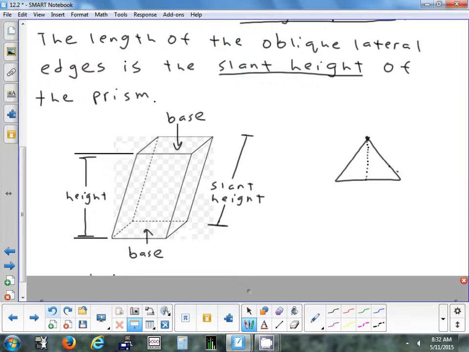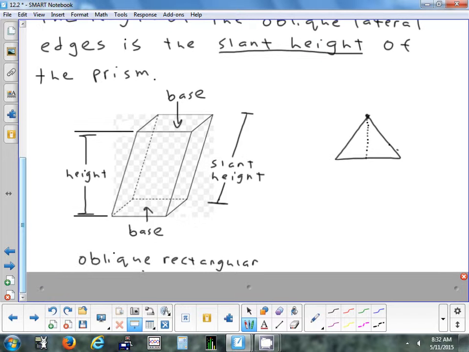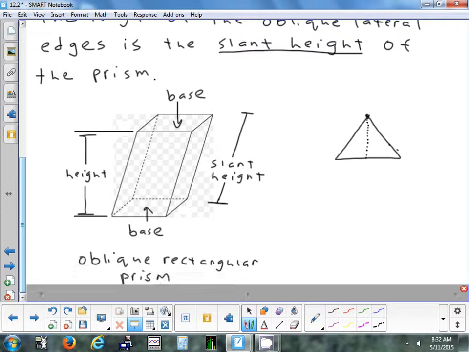Which one do you think is shorter? The height or the slant height? Yeah, the height. In a pyramid, the height is always shorter. It's falling from the top straight down, rather than going at an angle down. So that's an important difference to understand, height versus slant height.